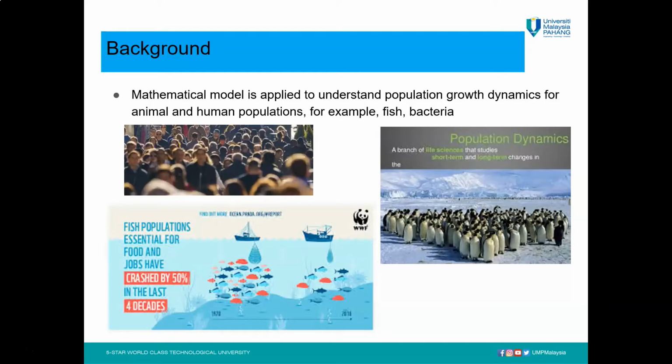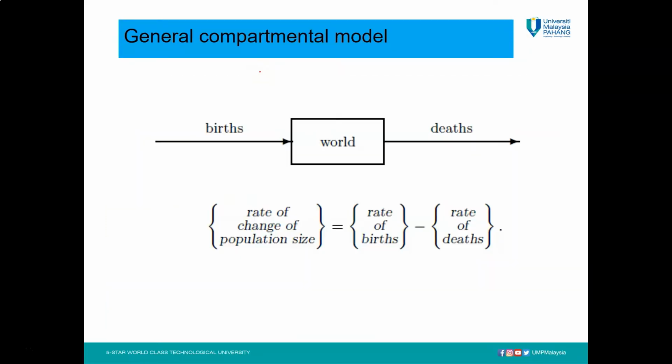Will the population decrease? What is the trend line for the population? Not limited to human populations, the mathematicians also study the changes of animal populations such as fish, bacteria, penguins, rabbit, lion, etc. Many processes may be considered as compartmental model.